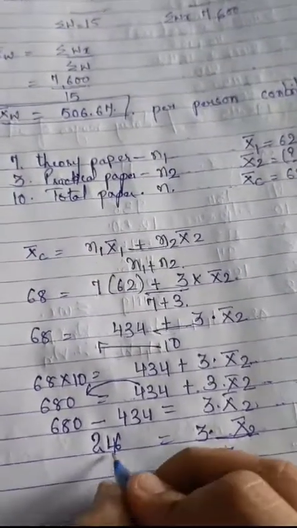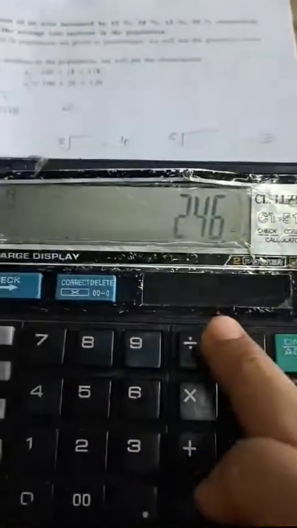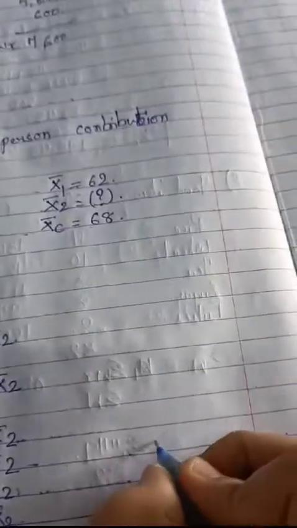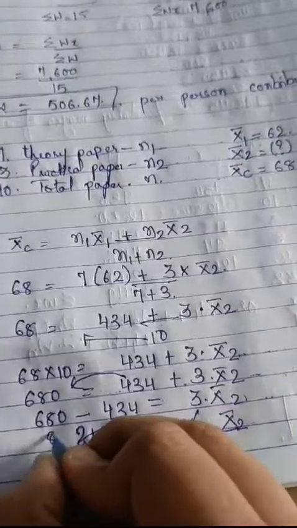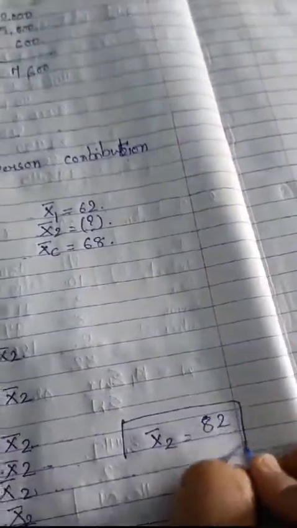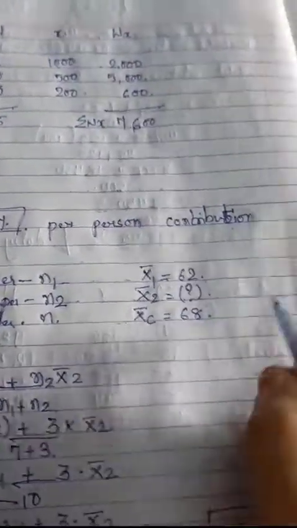So dividing by 3 here and here, 3 cancels. 246 divided by 3 is 82. So mean 2 is 82. So for the 3 practical papers, the mean is 82.